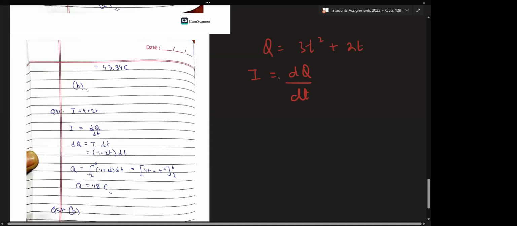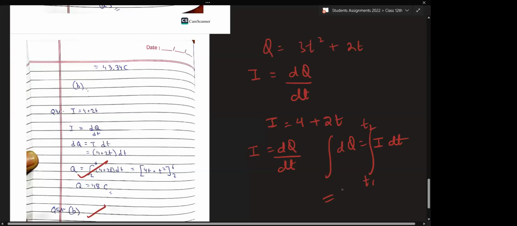But if you are given current, for example in this question it is given 4 plus 2t, now you have to find out the charge. If I is equal to dq by dt, charge will be I multiplied by dt. So here you have to integrate it from T1 to T2. This is the formula that you have to keep in mind, and then you will get the answer.